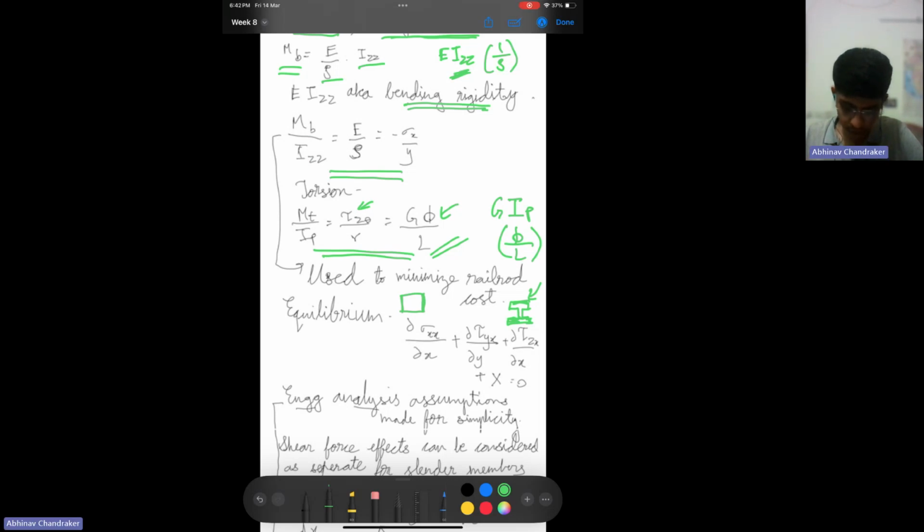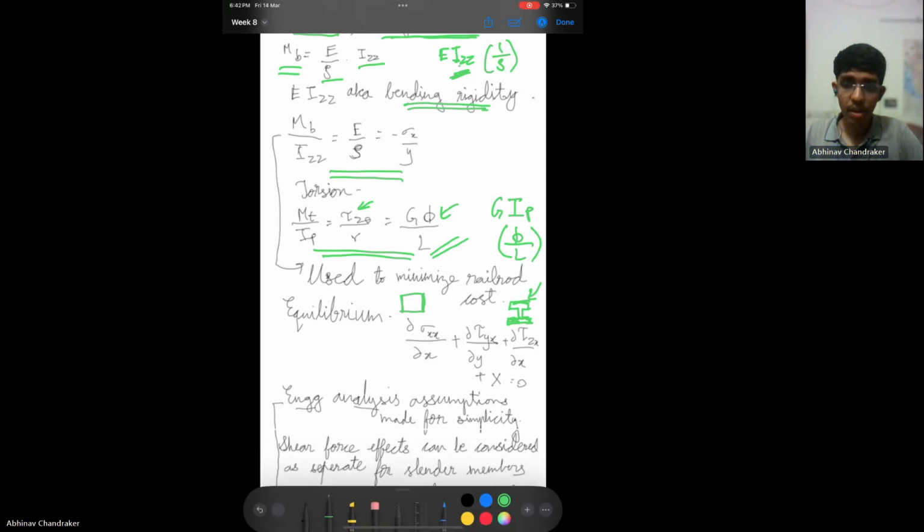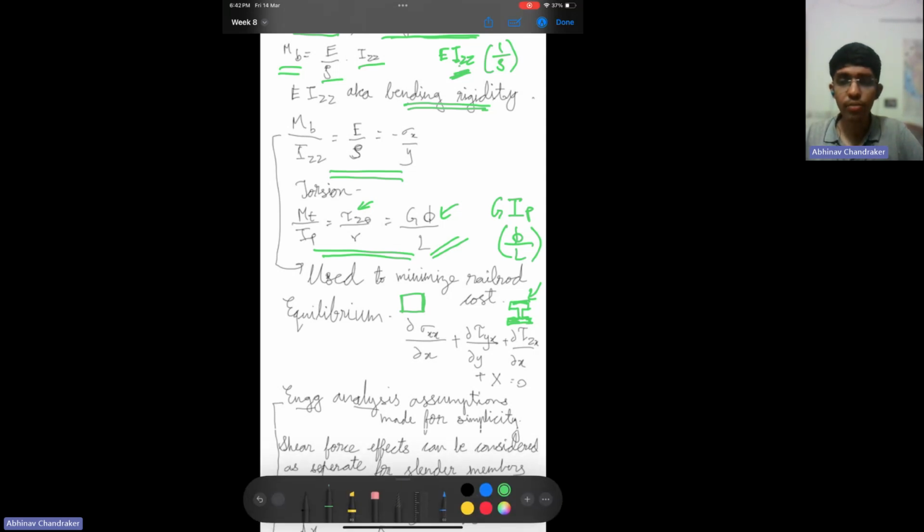If you want to look at the geometry, then what we'll try is to have a high value for the moment of inertia so that we have a high bending rigidity, while at the same time using a lesser amount of material to reduce cost. So if you use a square cross section, then the amount of material you will have to use will be high. While if we use this kind of I cross section, then the amount of material will be lower because you are not using material at these points.